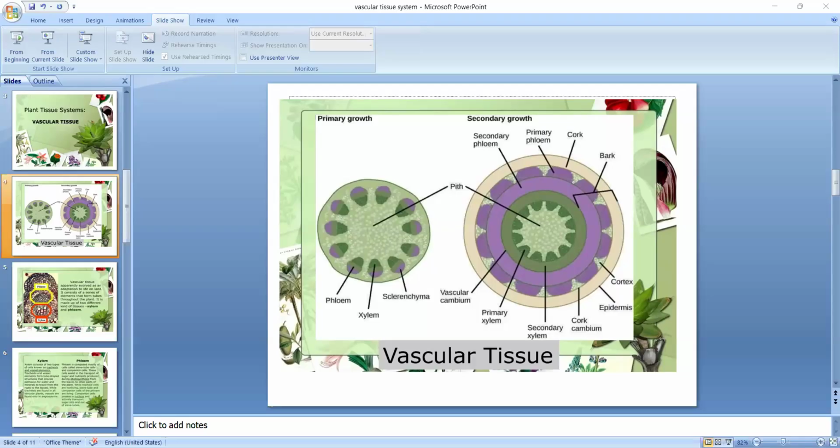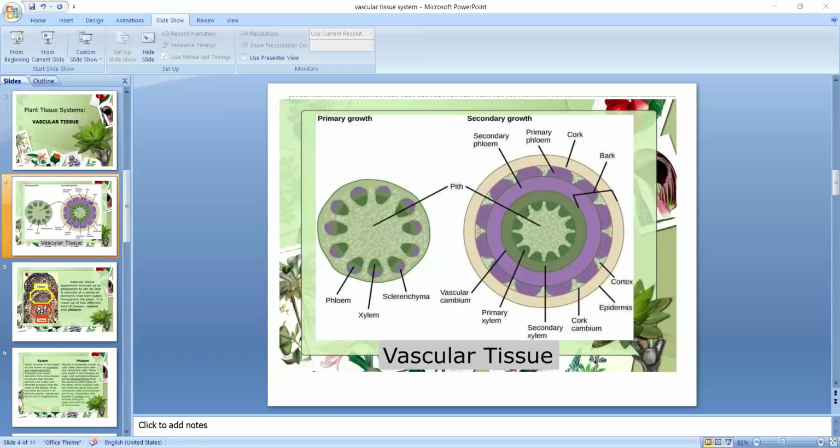Fusiform initials give rise to secondary xylem and secondary phloem. After secondary growth, we observe that the secondary xylem and secondary phloem come from the fusiform initials.